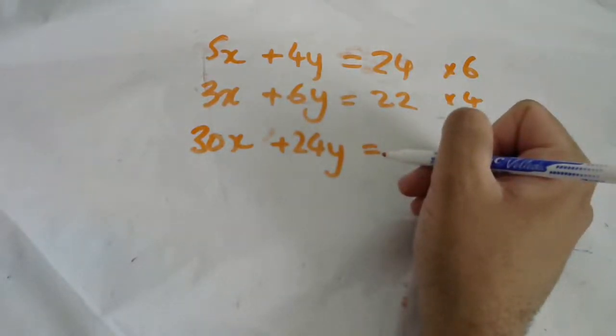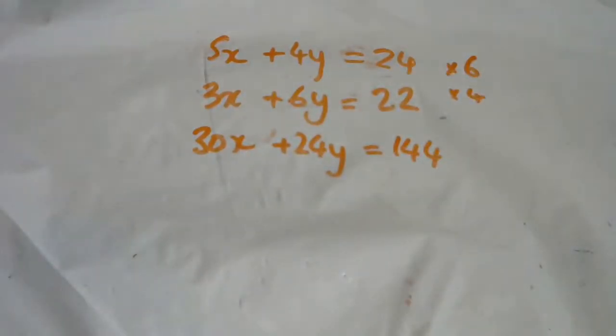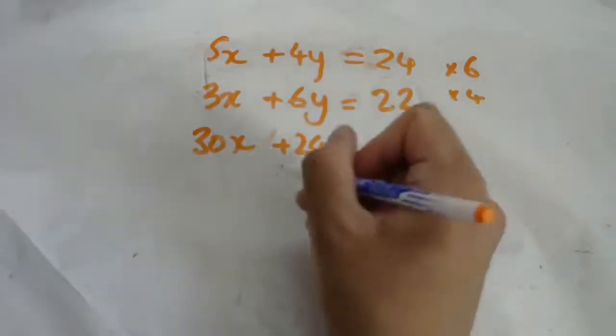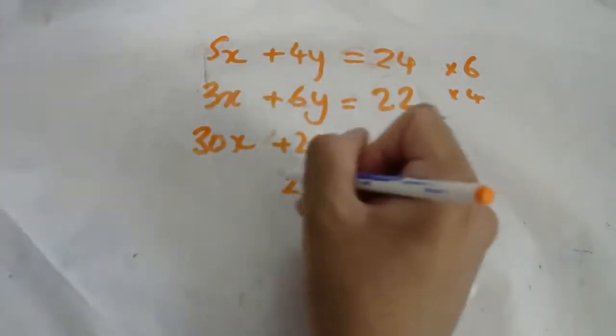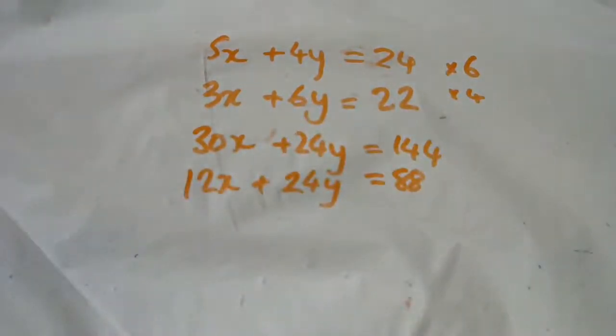It'd be 12 times 12, wouldn't it, 144? The other one, that's 88. That's 12x. Right, there we go. Lovely. So, yeah, I hope you agree with that. Yeah? Good. I'm glad we agree.